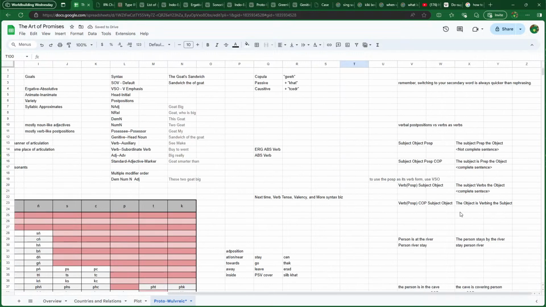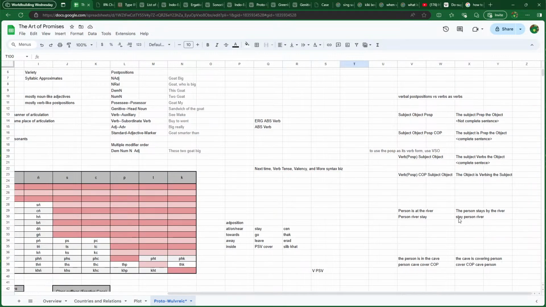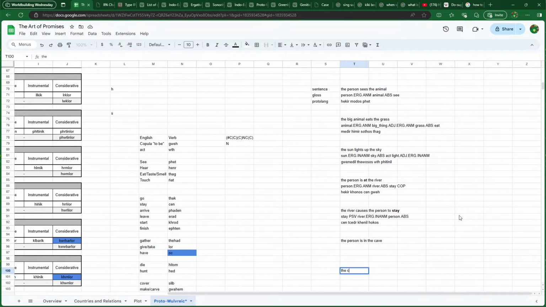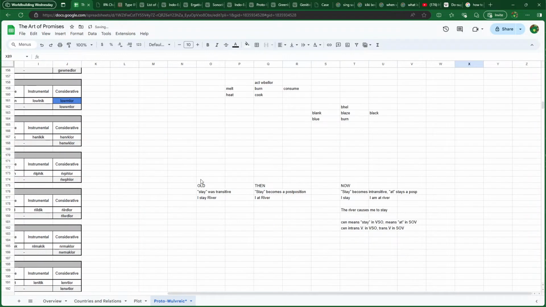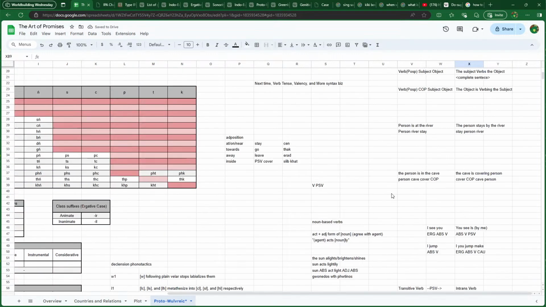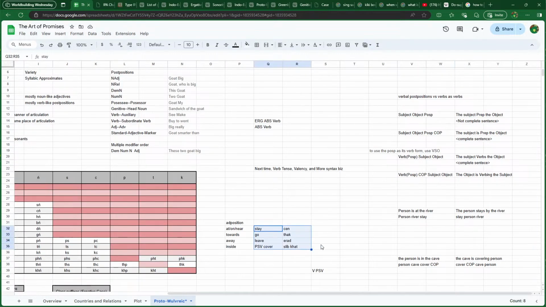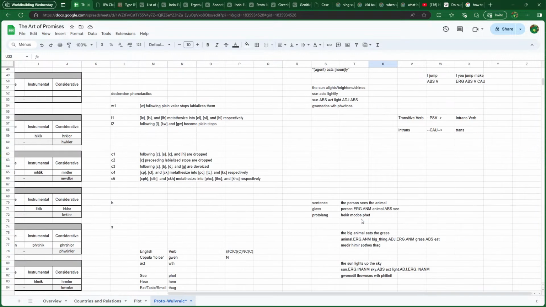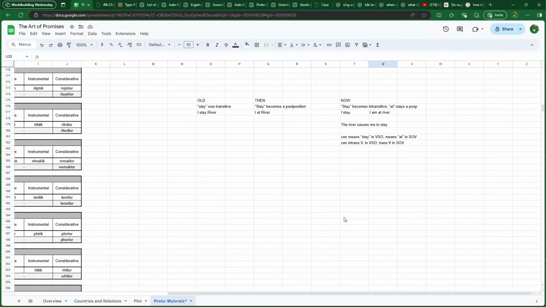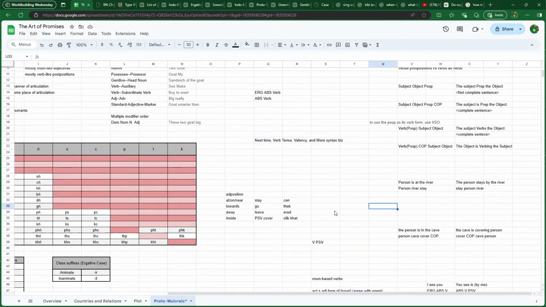And then the cave is covering the person. So I feel like a similar thing would happen to a lot of these. The only difference is that inside is a passive construction.